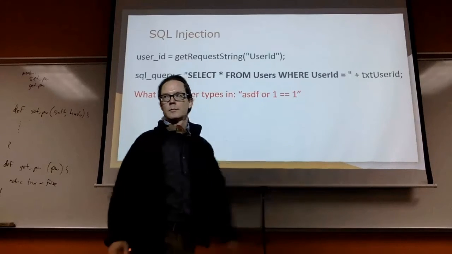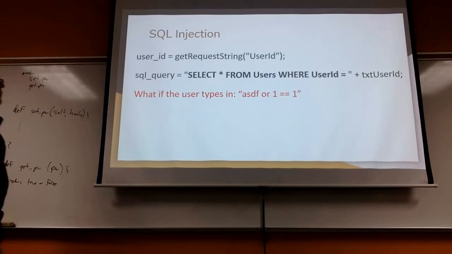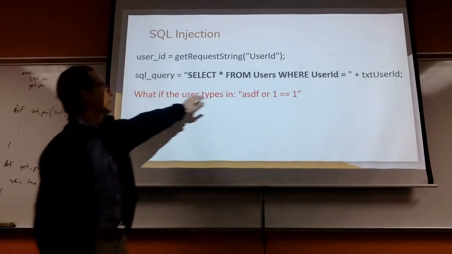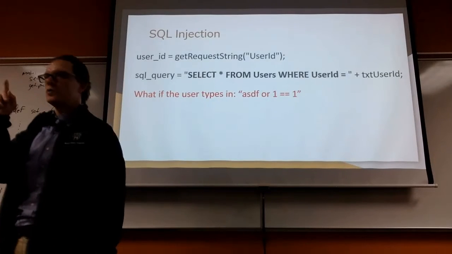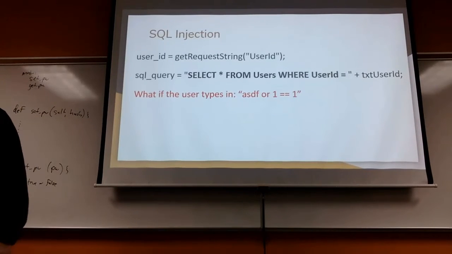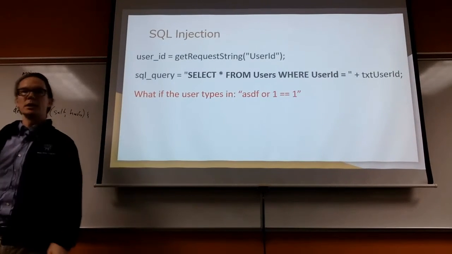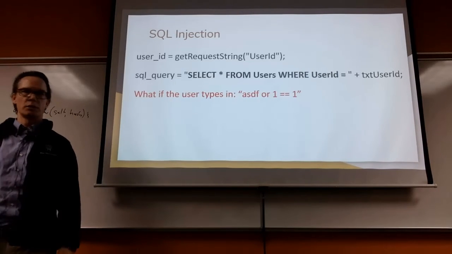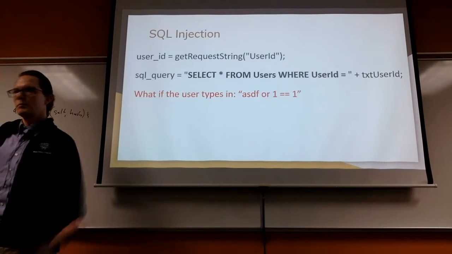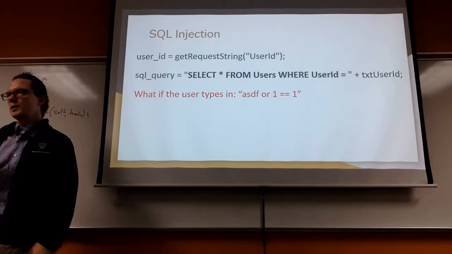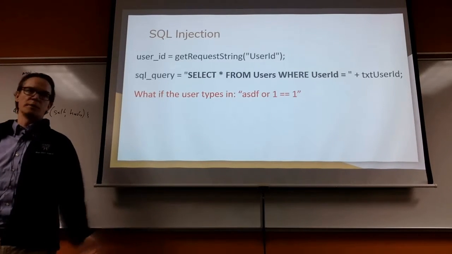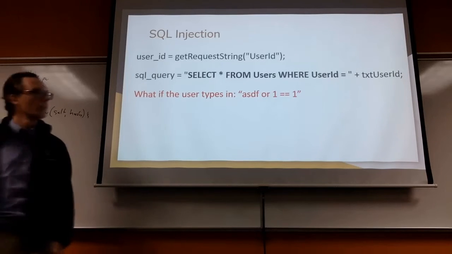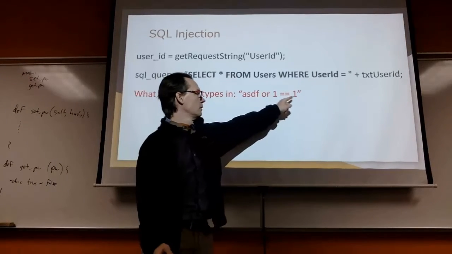What would that do? So as a developer, I'm trying to get back all the information about one user, or nothing if they type in an incorrect user ID. That seems secure, right? Either they type in a correct user ID and I get all the information back, or they type in something that isn't a user ID and I get no information back. But what would happen if they type this in?